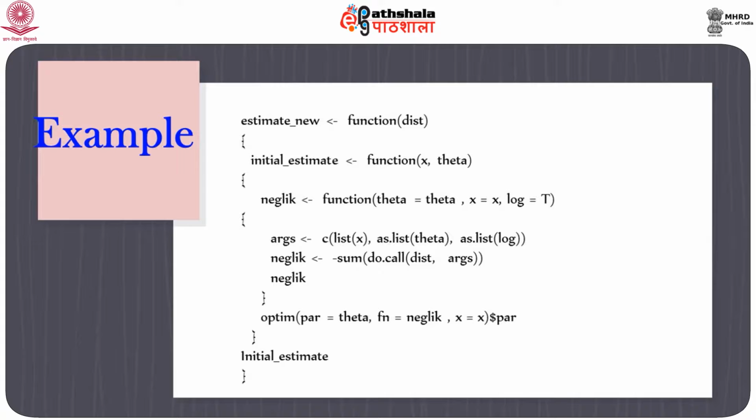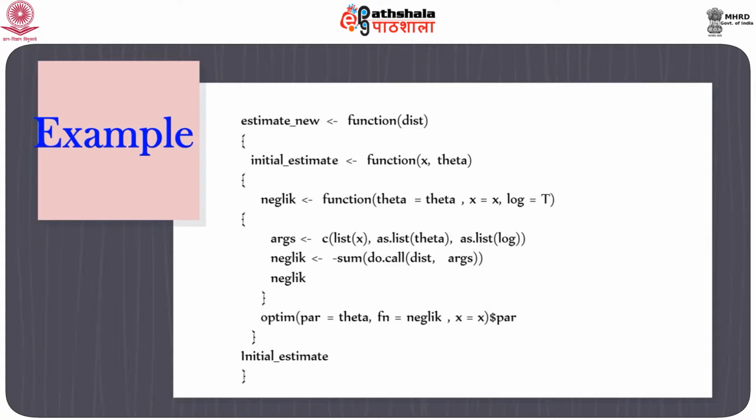Within initial_estimate, we are defining another function, neg-like, which we will minimize later with the help of the optim function. So, the optim function is basically dedicated to optimizing a function.